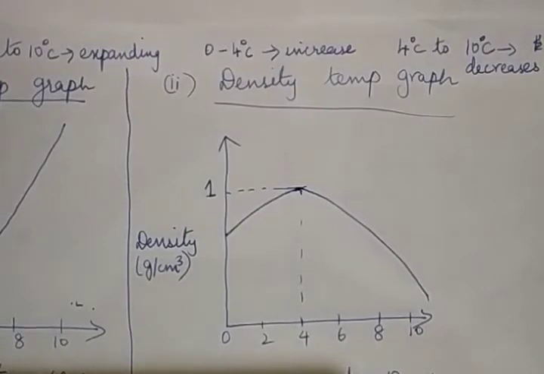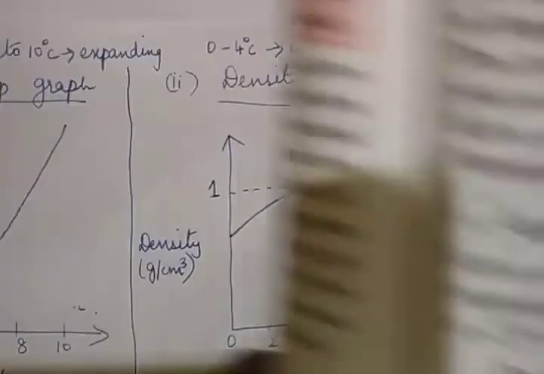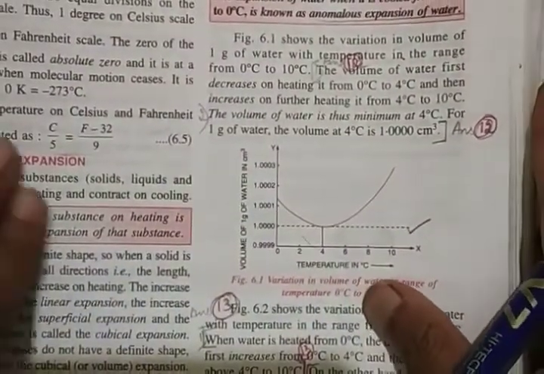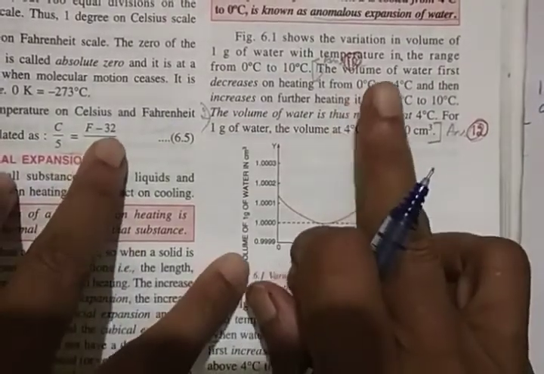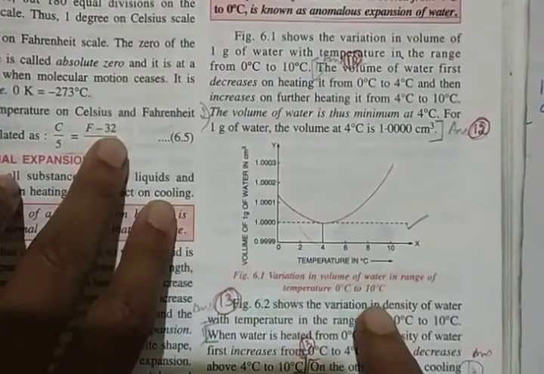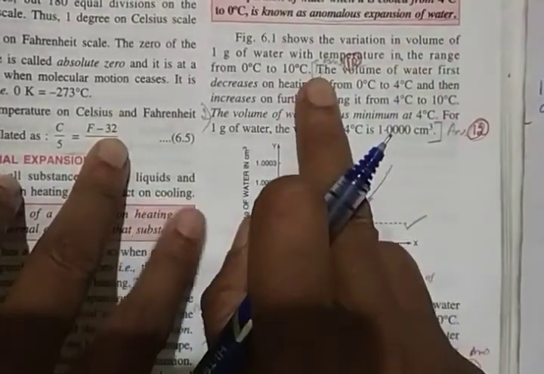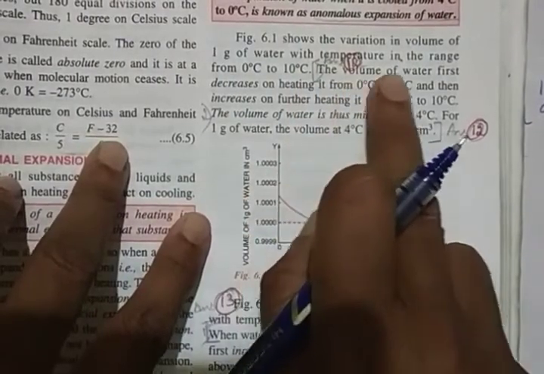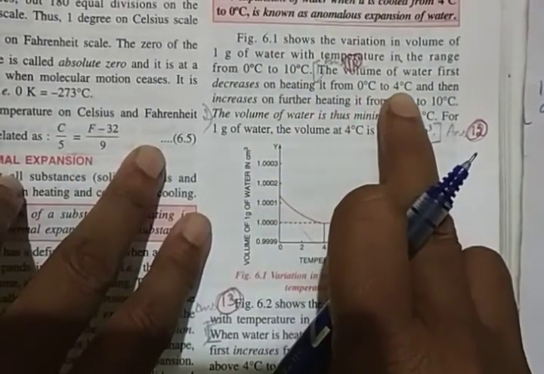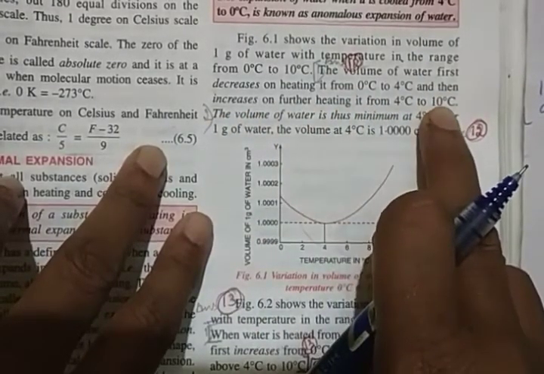Now as I told you, one of these graphs usually comes in the exam. So now have a look at the book. I'll just quickly mark it. Question number 12 is this question, draw a volume temperature graph and explain it. The answer starts from here. The volume of water first decreases on heating it from 0 to 4 degrees Celsius and then increases on further heating it from 4 to 10 degrees Celsius.